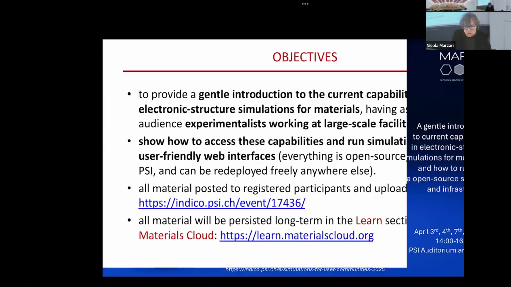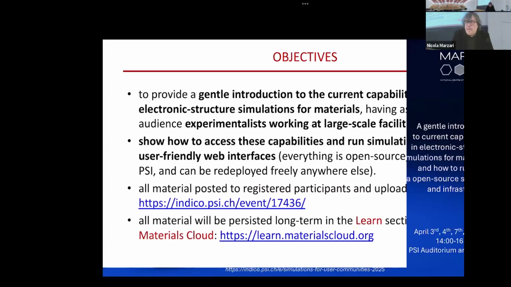As you know, all the material is going to be uploaded to our Indico PSI page. If you have registered, you'll also receive emails. So on Friday, tomorrow, you'll receive instructions on how to deploy the AiiDAlab interface.